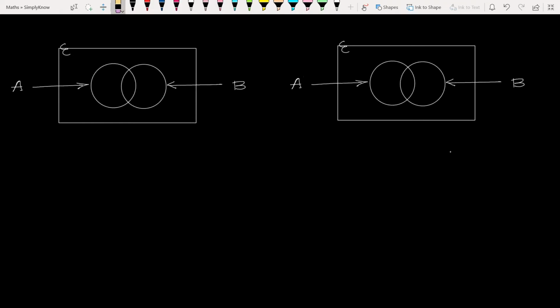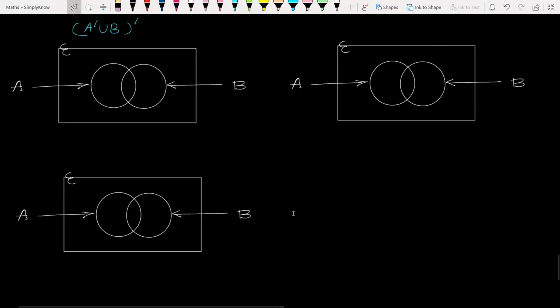What about the complement of A complement union B? Again, for this, we need to do a little scrap work. Now, this is actually the opposite of this one.